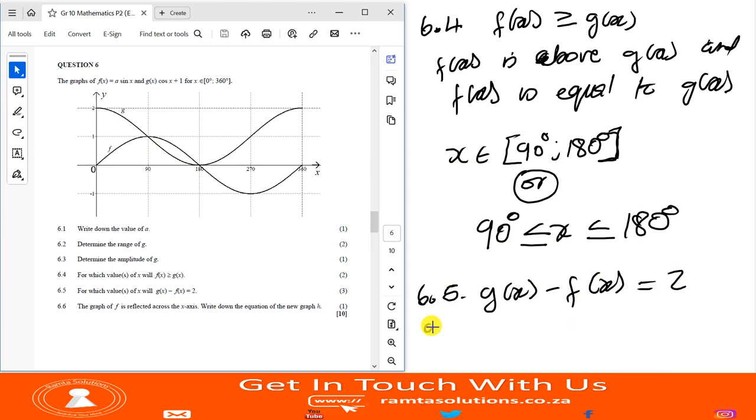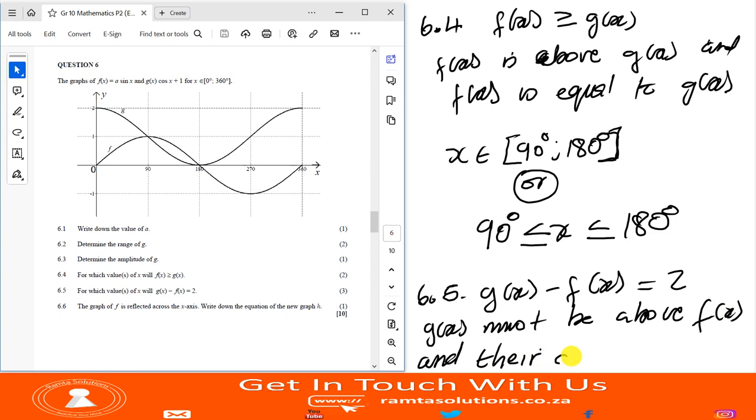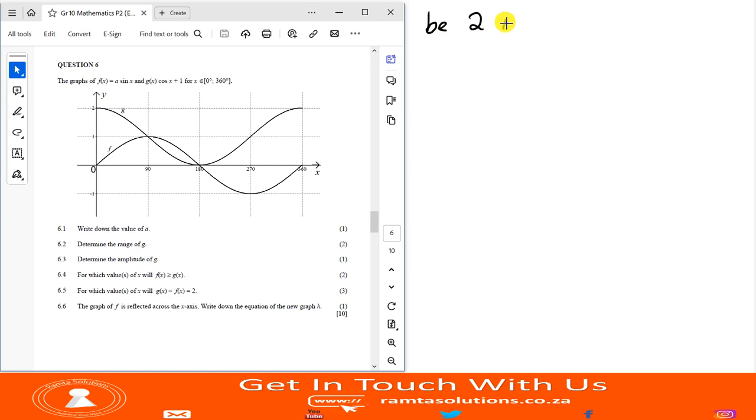What does it mean? g of x must be above f of x and their distance must be 2 units.